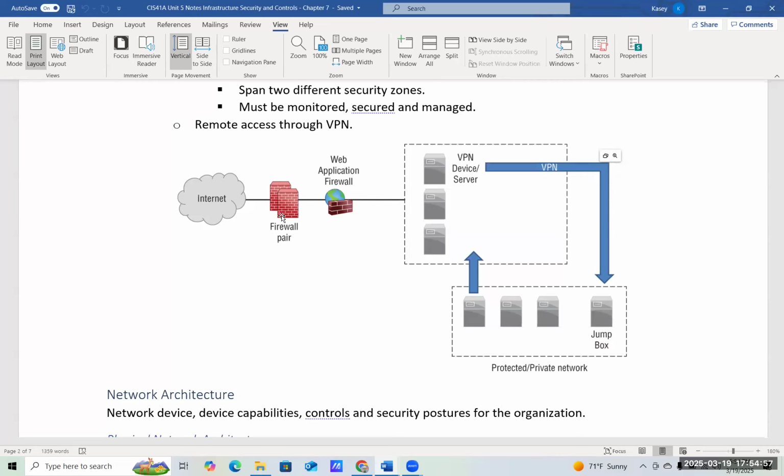Then once the credential is passed and checked, it's going to allow the user to remotely pull up their desktop, which is part of the private network, right? Is this setup critical and completely required? No, there are many ways to design or redesign the structure, but this is one design that's using the jump box.